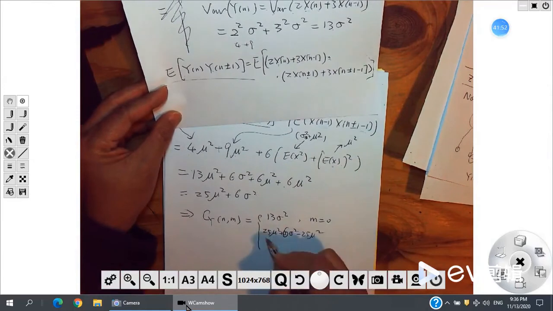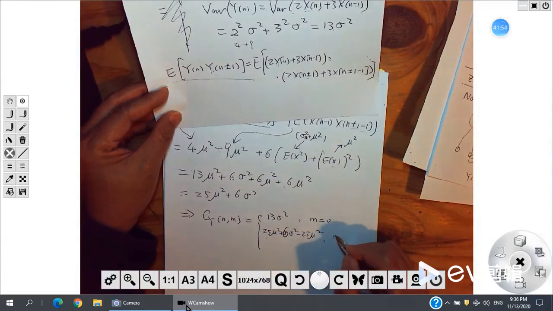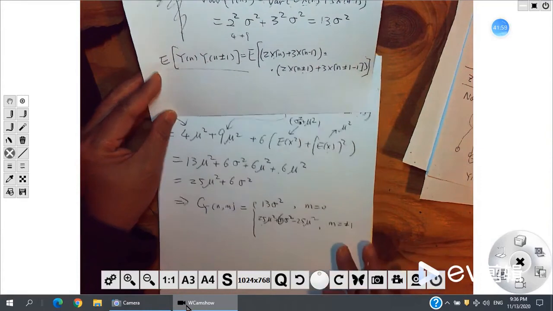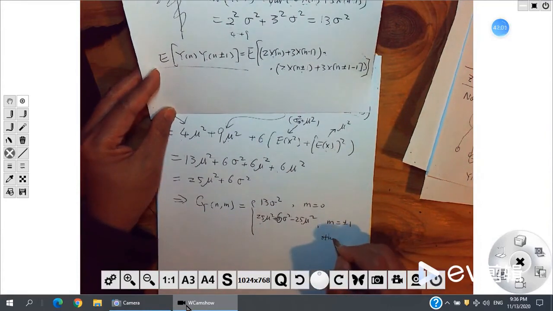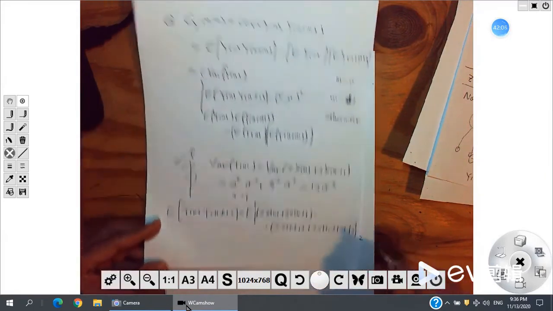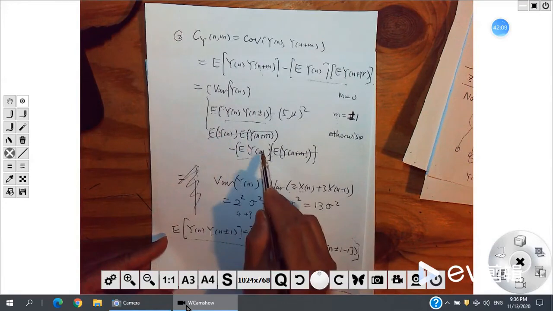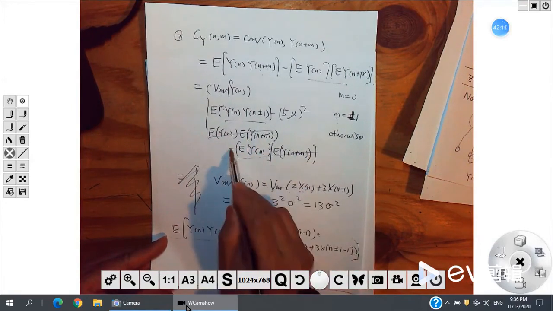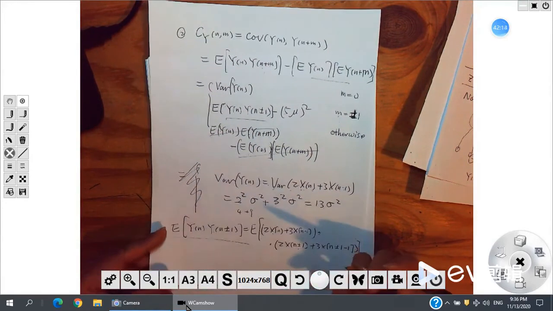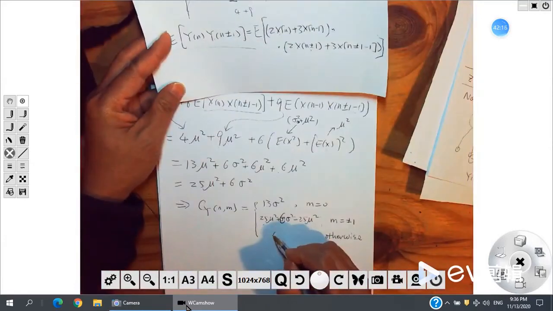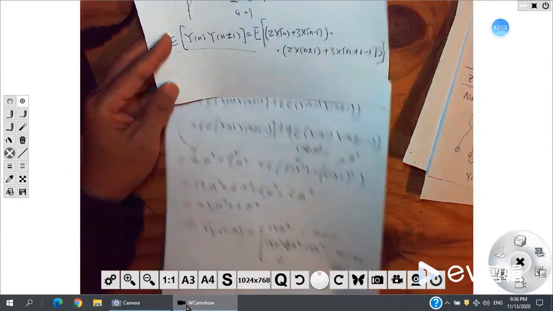Okay, this can be cancelled, right? Here's the case m equal to positive and negative 1. And otherwise, what is it? They cancel, right? These two are the same, Y_{n+m}, Y_{n+m}. Here's a minus, so they cancel. Okay, it is just 0. This is 0. Alright, so we have C_Y.